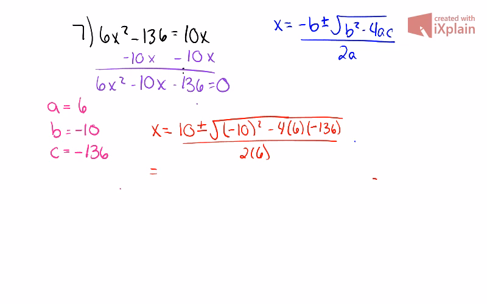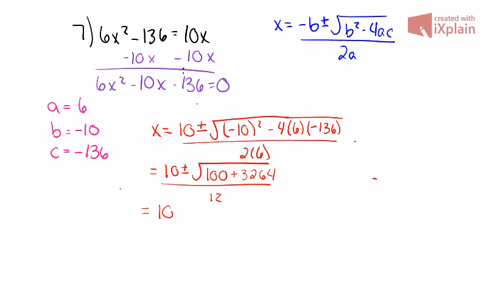And now we're just simplifying. So I have 10 plus or minus the square root of, well, negative 10 squared is just 100. And then negative 4 times 6 times negative 136 will give me positive 3,264 all over 12. Right?